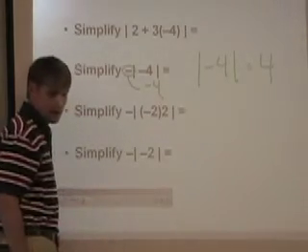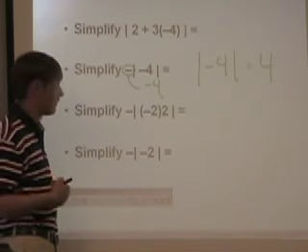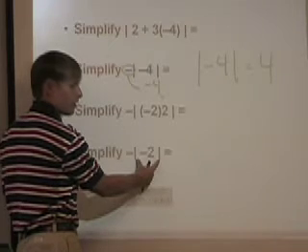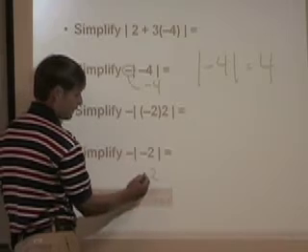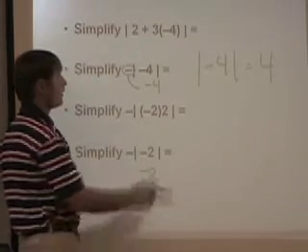You understand that? Because it's on the outside of the absolute value sign. Look at this one. What's the absolute value of negative 2? No, the absolute value of negative 2 is 2. But then if you bring this negative down, the answer is what? Negative 2.